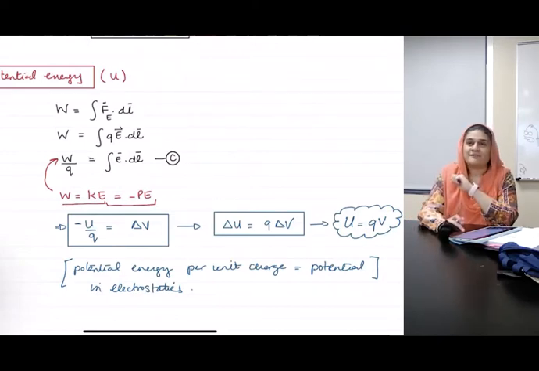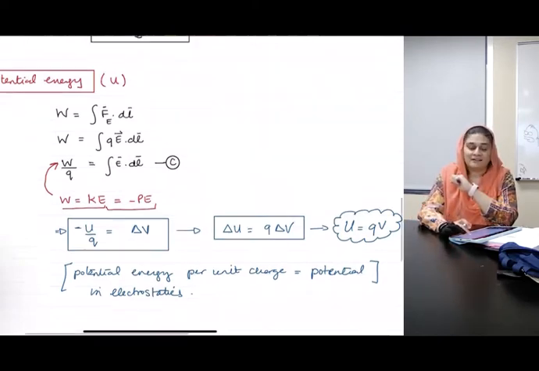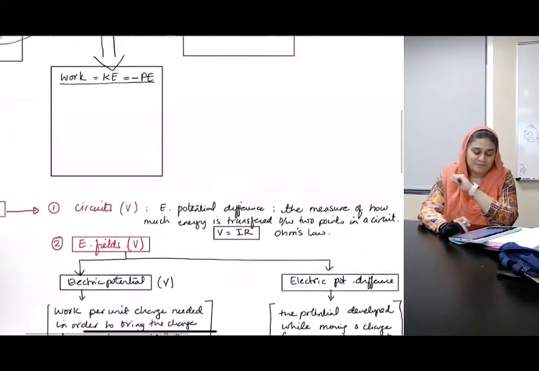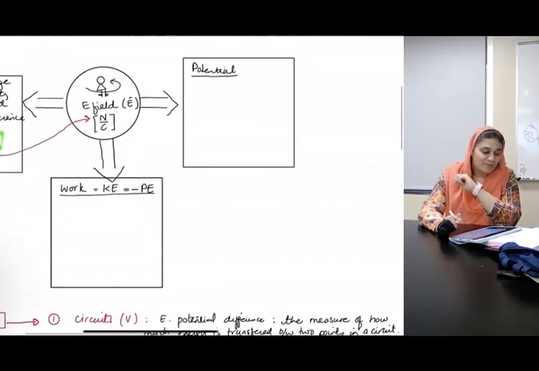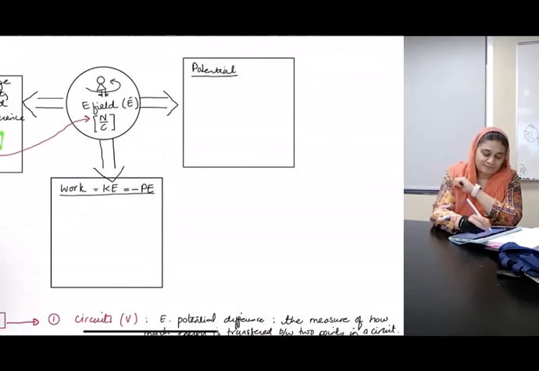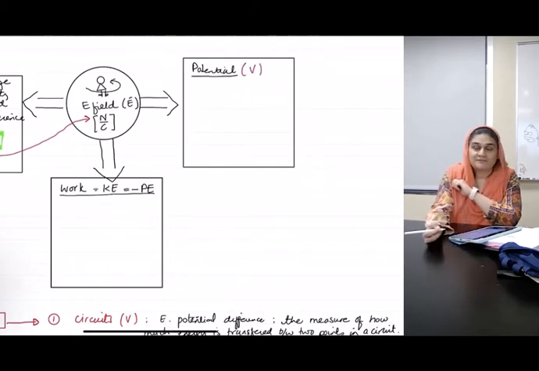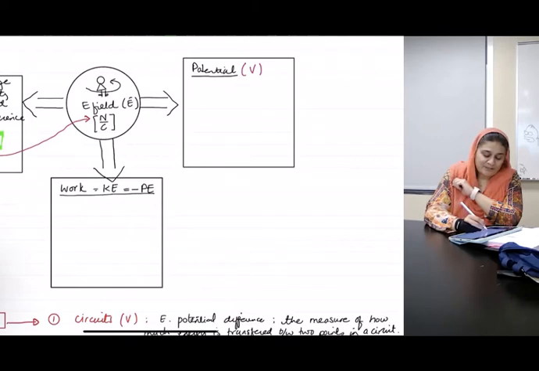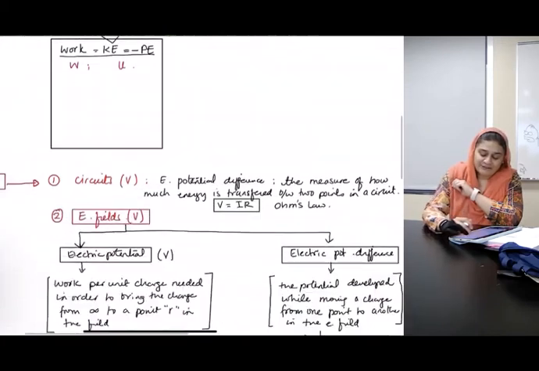Now I'm going to start filling that box up. Can I start filling boxes up there? Okay, so going back to my box, what should I put here in my first box? What's the symbol? V. What's the symbol here? W or U? Potential.